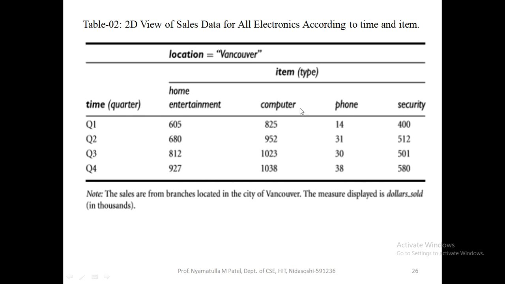So what are these statistics giving? They give you the total number of electronic items sold according to the time and item in the city of Vancouver during an entire year. We have divided the data according to the item type, either home entertainment, computer, phone, or security related item, in 4 different quarters.